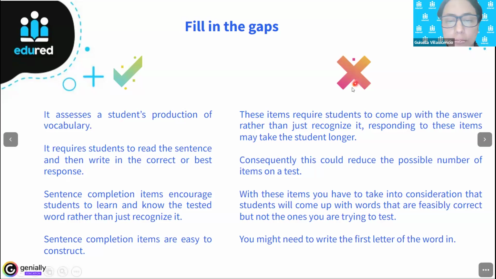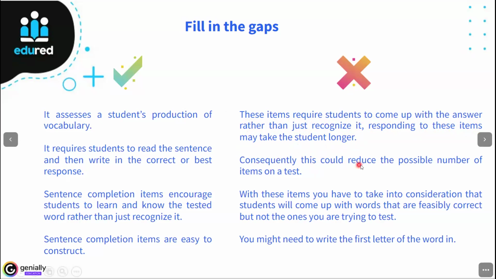Disadvantages, Diana. Could you read, please? Yes, I'm here. Okay. These items require students to come up with the answer rather than just recognize it. Responding to these items may take the student longer.